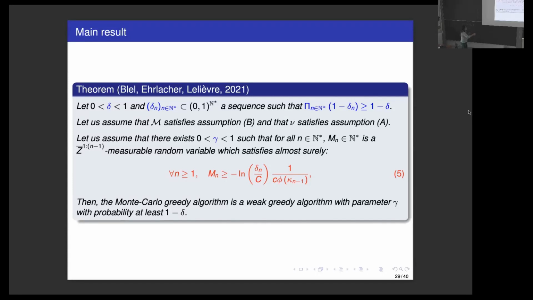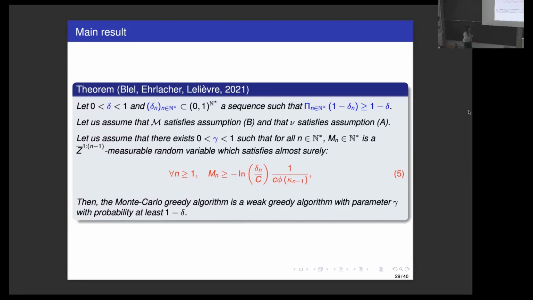And here you've got 1 over C phi of kappa n-1, where phi is a function appearing in the concentration inequality, and kappa n-1 is the quantity I've just defined. Kappa n-1 can be computed as an output of the first n-1 iterations of the greedy algorithm. So before beginning iteration n, I can compute such a quantity.